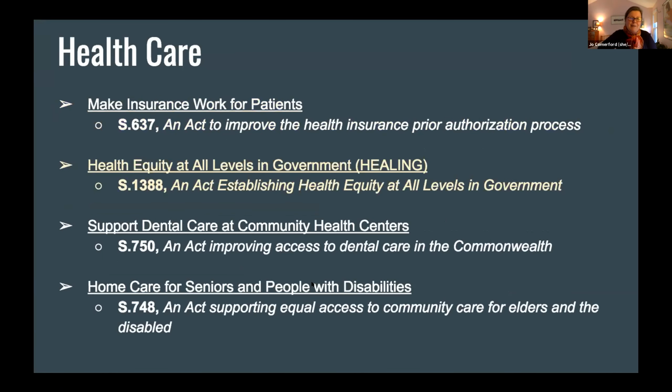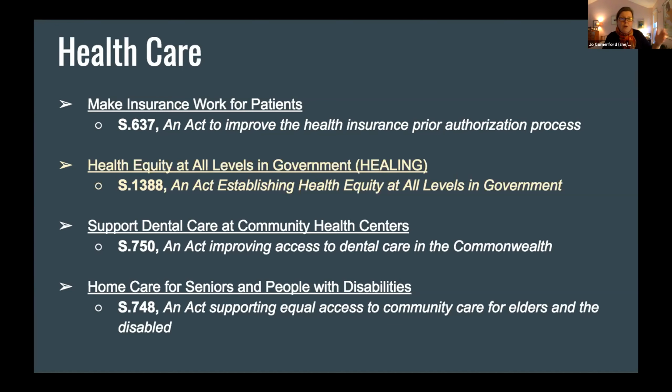And this is a pretty visionary bill. In this next bucket of healthcare, the Health Equity at All Levels bill recognizes that the vast majority of money and attention we spend in the Commonwealth on healthcare is really on the medical side, in hospitalizations or more acute care. But in fact, what makes us well and keeps us well are the social determinants of health.